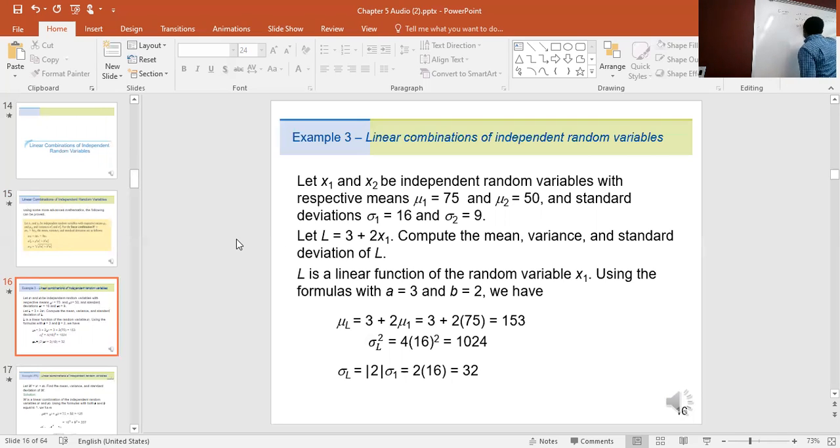And the variance of W will be variance of x plus variance of y, because A and B here are 1. So when we square it, it remains 1. So which is 2 squared plus 3 squared.